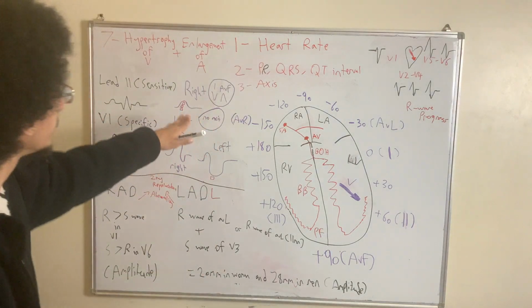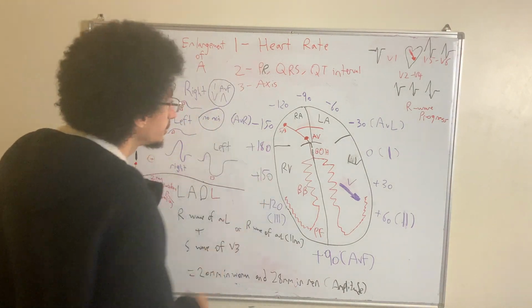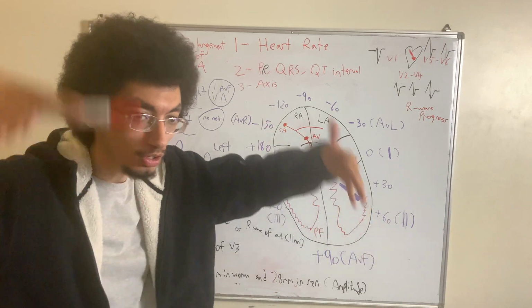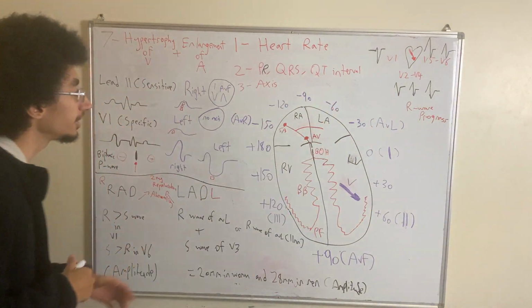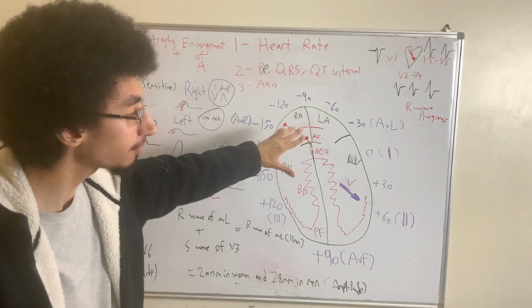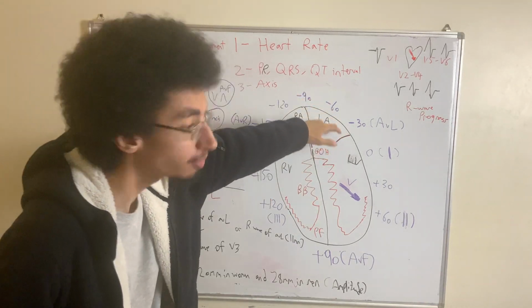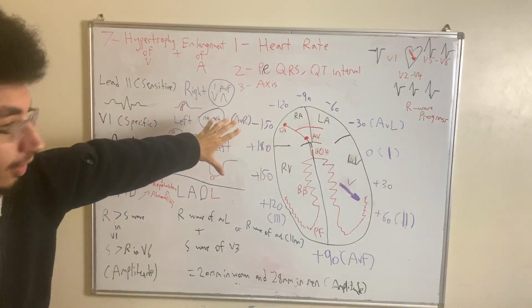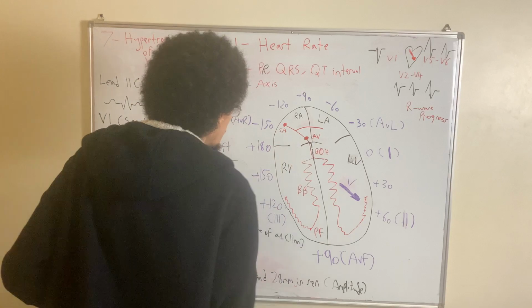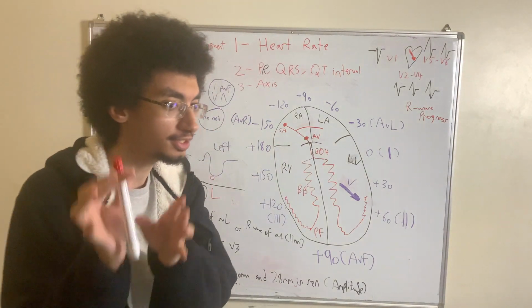Why is there an increase in amplitude? Because the right atrium is enlarged. That means there's more depolarization. And additionally, since we have an enlarged right atrium, normally the left atrium, just like its brother, the left ventricle, both of these chambers are bigger than the right side. So if you have an enlargement here, it might cause axis deviation.